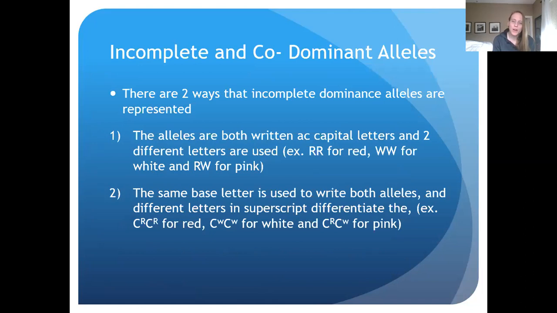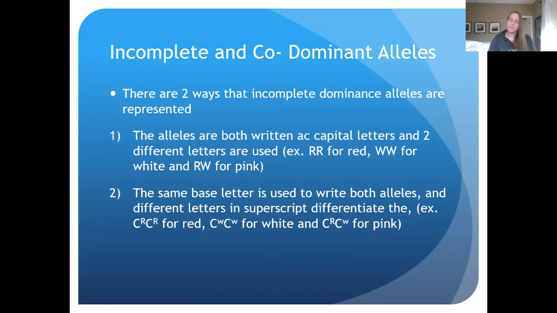So when you are writing the genotypes for both incomplete dominant alleles and codominant alleles, you can either write each allele as its own letter, so like RR for red, WW for white, and RW for the mixture, either the red and white or the pink.